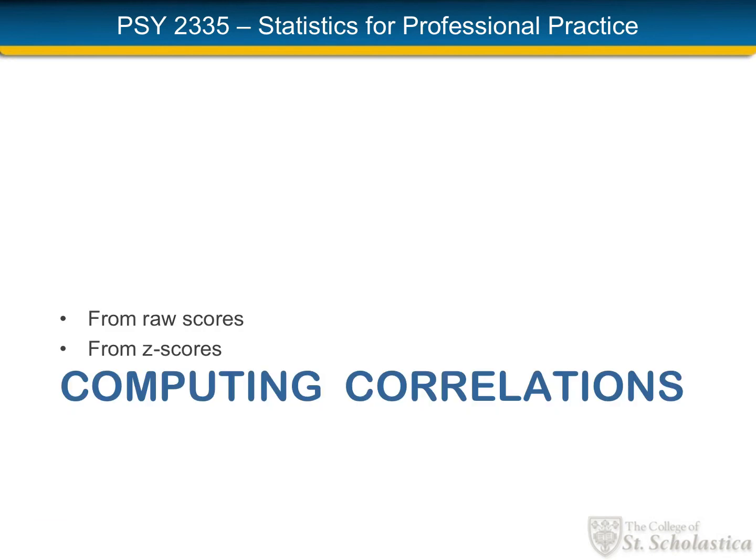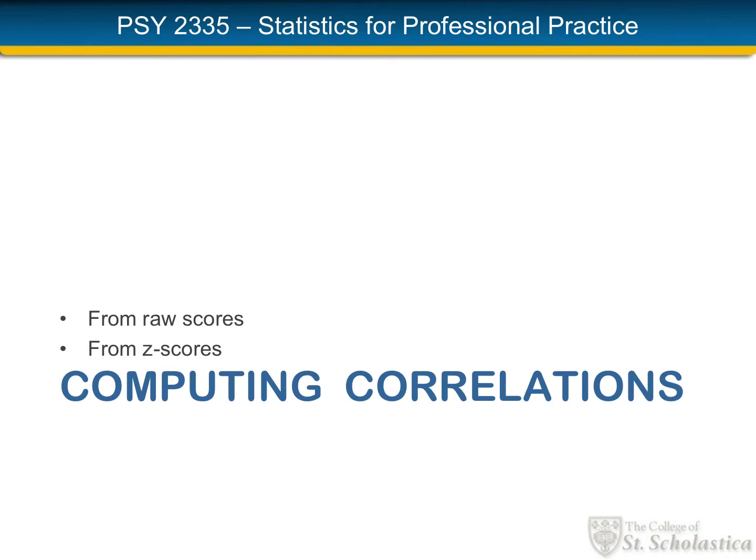The textbook does give us all of the equations for computing correlations and tries to demonstrate to us that beginning with raw scores is probably the best way to go because we don't have to compute so many different parts. In fact, in this course we take the point of view that the best way to go is to use a computer.